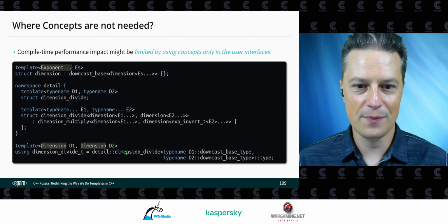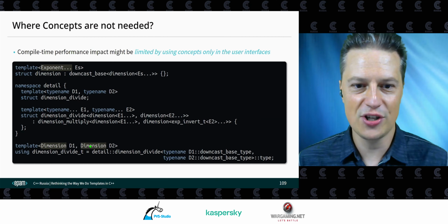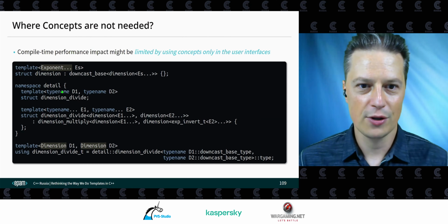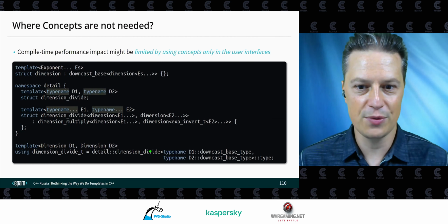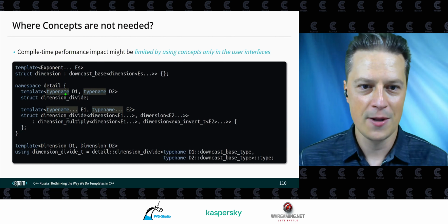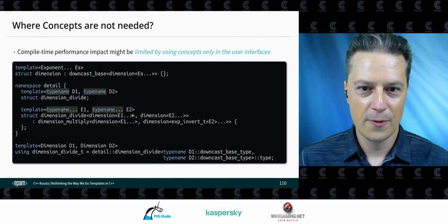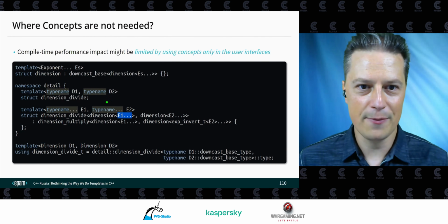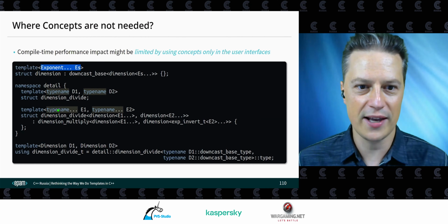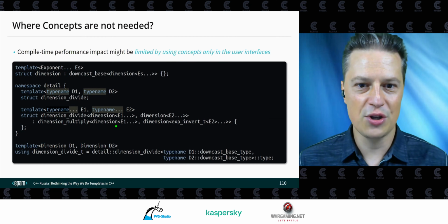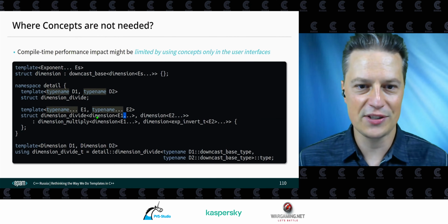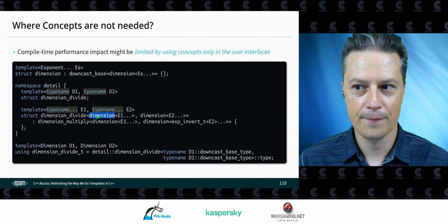However, if you are going into some implementation details and those types are already checked and you know that you are not making any errors, you can skip those concepts, because you know that you provided a good type here and the user should not use those types by himself. In this case, we know already that this is a correct type because it was checked here during the construction of this type. So we don't have to put the concept again just to say that those are of this concept, because they were already checked when this type was instantiated the first time.